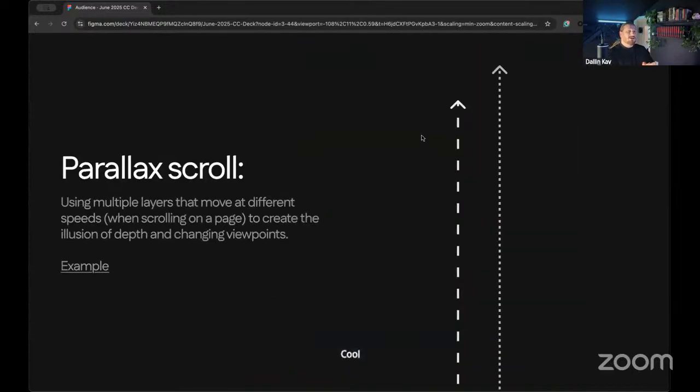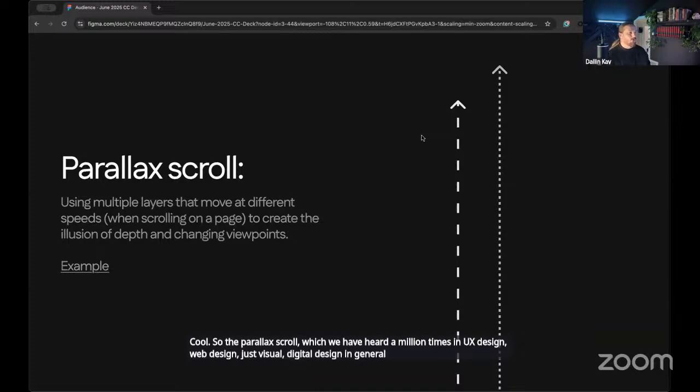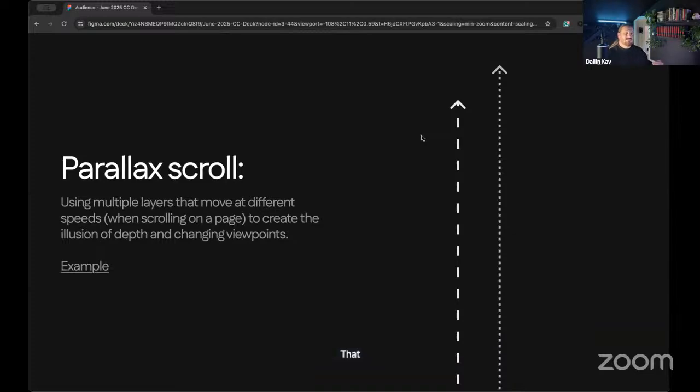Cool. So the parallax scroll, which we have heard a million times in UX design, web design, visual digital design in general. We all know the term parallax scroll. It is very much built on the idea of the parallax effect. It uses multiple layers in a design that move at different speeds when you're scrolling on the page to create the illusion of depth or changing viewpoints.